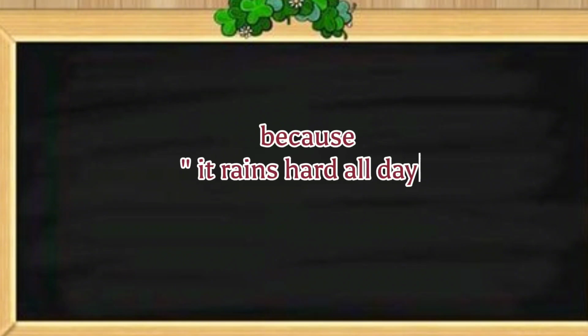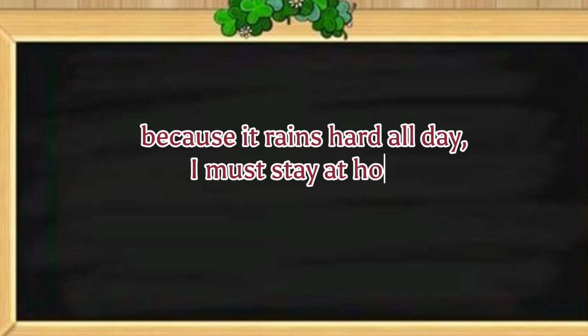Like this sentence, after because, it is followed by it rains hard all day. The subject is it, and the predicate, of course, is rain, or the first form of the verb. Then after the comma, it is followed by the next sentence, which is I must stay at home.